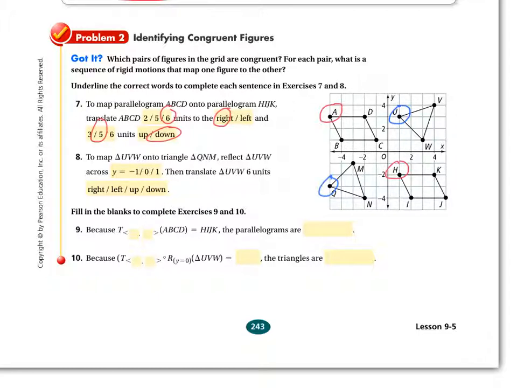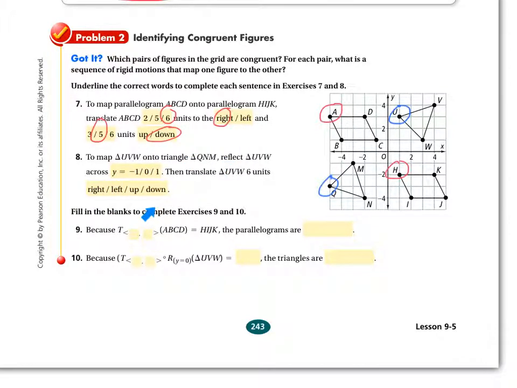So what might have happened? Perhaps a reflection or a rotation? Well, I know they tell you that, but they're not going to tell you that normally, right? So here's what you're going to have to do.